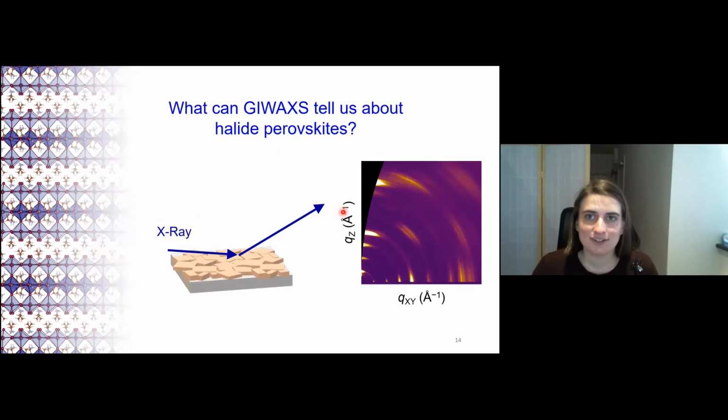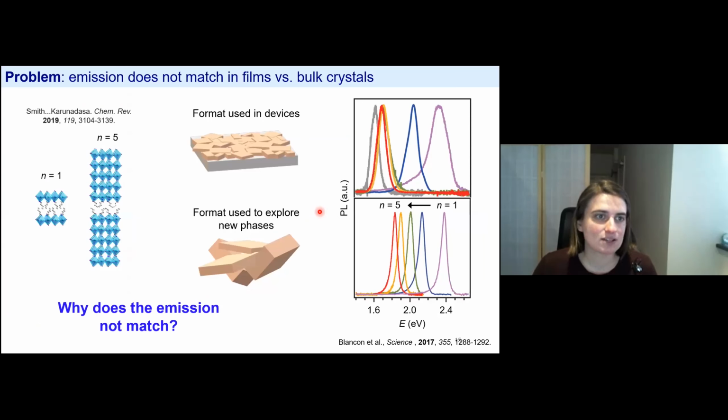So what can GIWAXS tell us about halide perovskites? As I was saying, I did work during my PhD on these 2D halide perovskites with different n number. So the format that's used in devices most often, at least, is thin films. However, to explore new phases, what's most commonly done is to put the precursors in acid and precipitate out the perovskite phase.